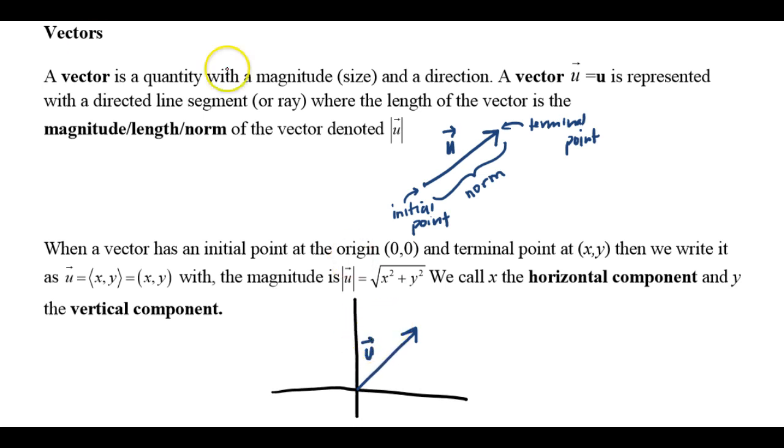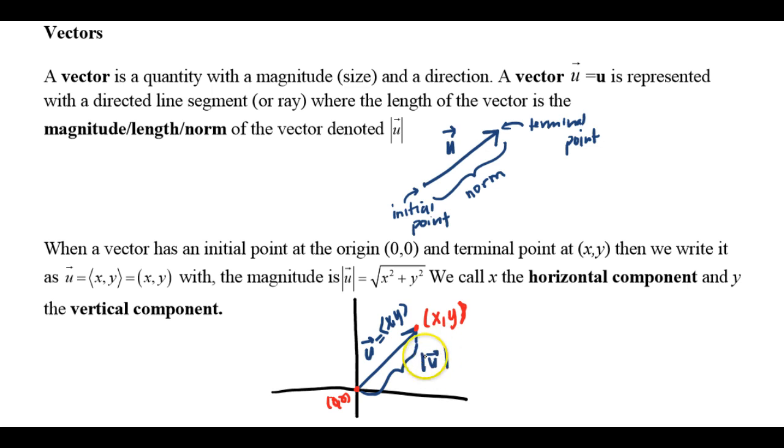But because now this terminal point lands on some coordinate point, x comma y, and that's a point, so I put it in parentheses, and this one started at 0, 0, now I can say that this vector can be represented by bracket x comma y. Then the length, or the norm, or the magnitude of this particular vector can be found.